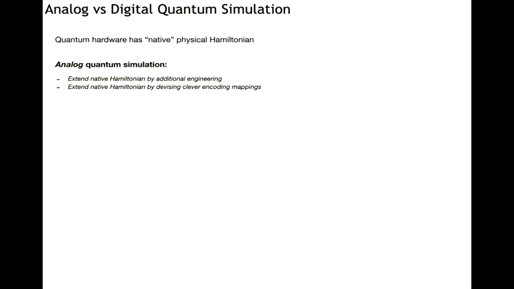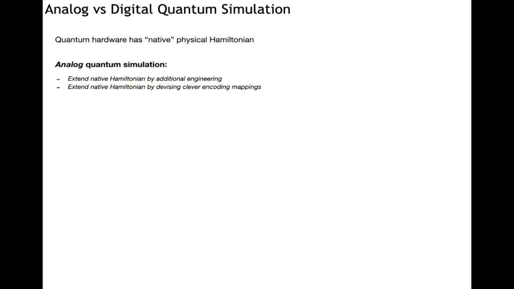So analog means essentially that your hardware, your quantum system, has some native interactions, and basically you can play two cards. You can use additional engineering in the system to tweak these native interactions to take the form that you want, or you can devise clever, counterintuitive mappings that map your native system to some system that superficially looks very different, but is what you would like.